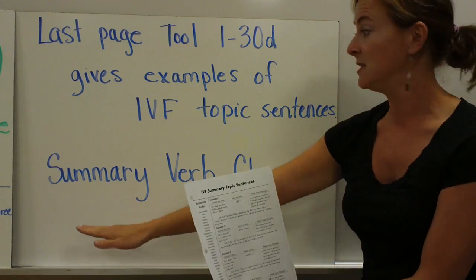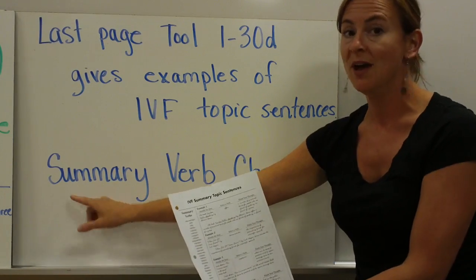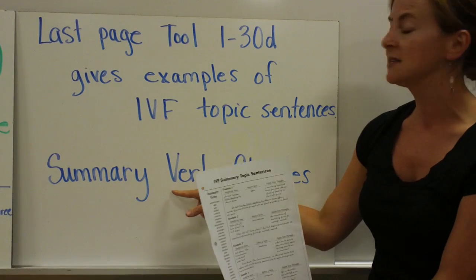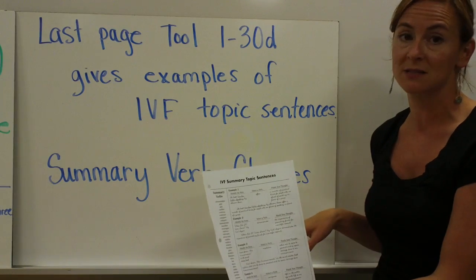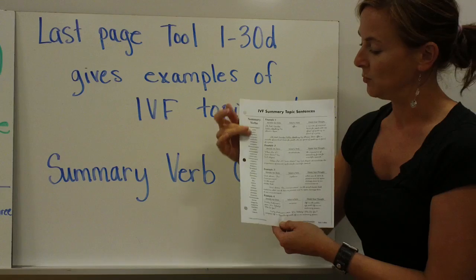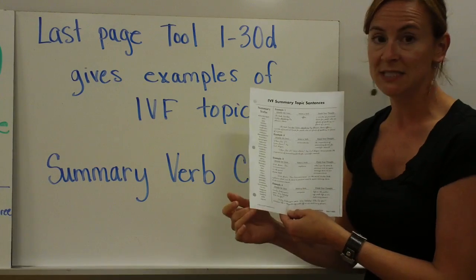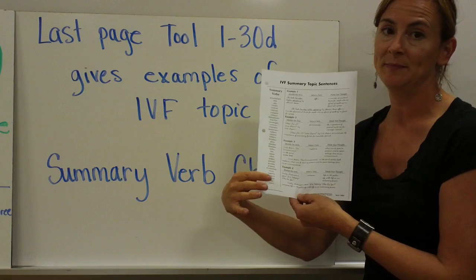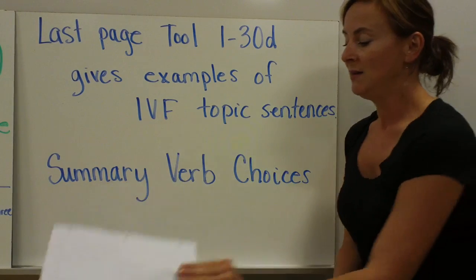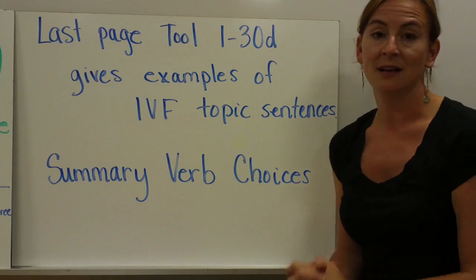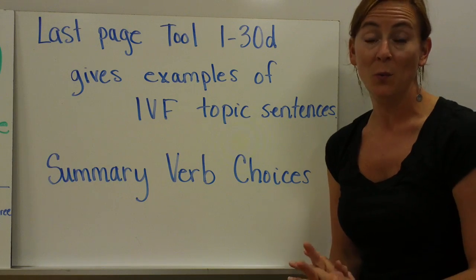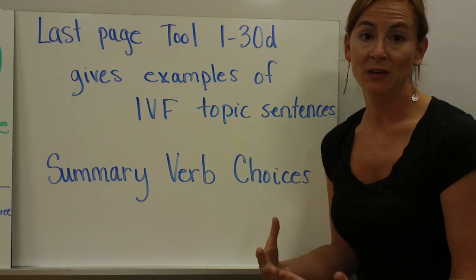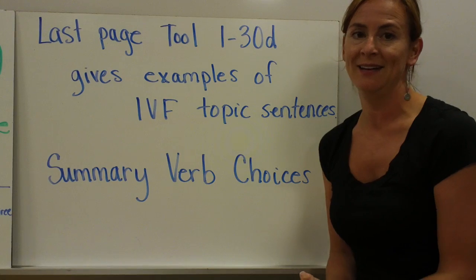And I found this very helpful when I practiced my own. On the left-hand side, it gives you a list of summary verb choices, which when you're writing your IVF sentences, it gives you all of these possibilities. When we come back together as a class, we're going to talk about how we can practice this in small groups and then independently.